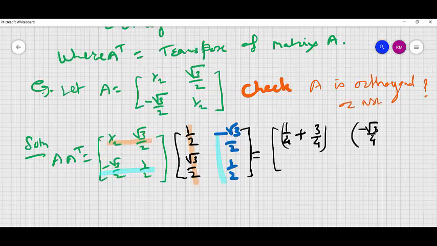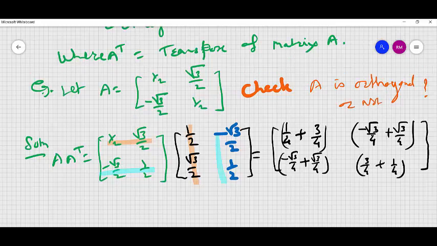Then here root 3 by 4. Now focus on this. It will become minus root 3 by 4 plus root 3 by 4. Last entry will be minus root 3 into minus root 3 plus root 3 square, means root 3 square is 3 upon 4. Here it is 1 by 4.